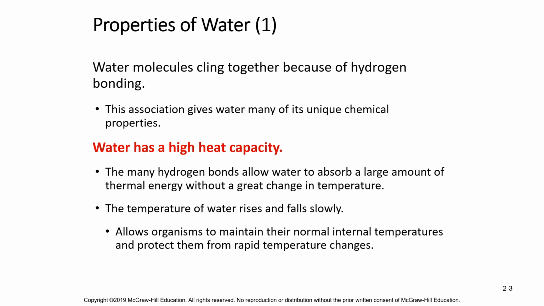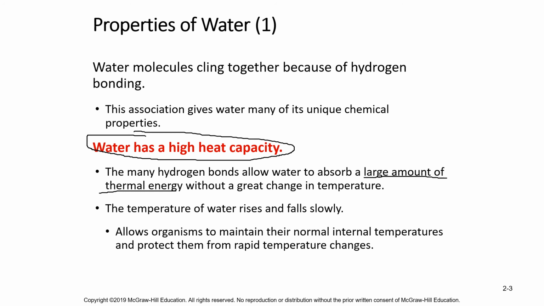These hydrogen bonds give water some superpowers. One of them is that water has a high heat capacity, meaning it can absorb lots of heat. So water will rise in temperature slowly, and it will cool slowly.